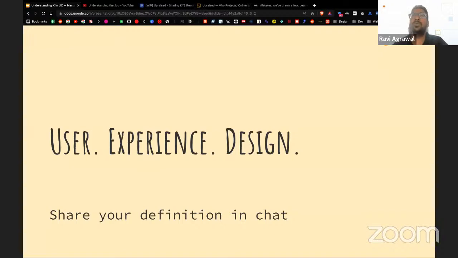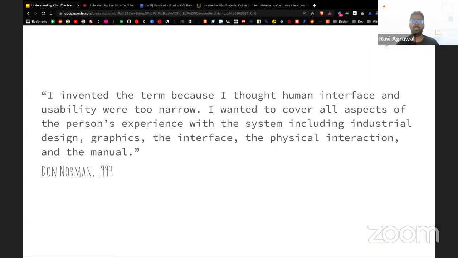So, folks, we will try to understand from the inventor of UX what the definition of UX is, and why they coined the term. According to Don Norman, he invented the term because he thought human interface and usability were too narrow, and he wanted to cover all the aspects of a person's experience with the system, including industrial design, graphics, the interface, the physical interactions, as well as the manual interactions that you can have with a particular product.